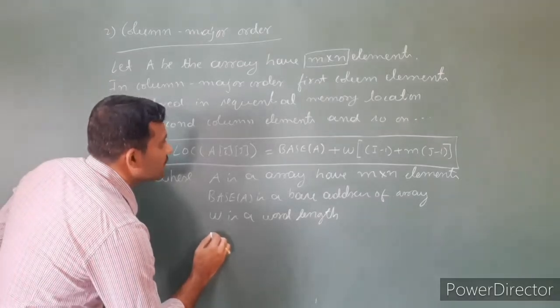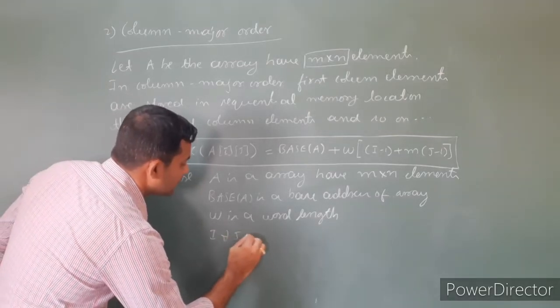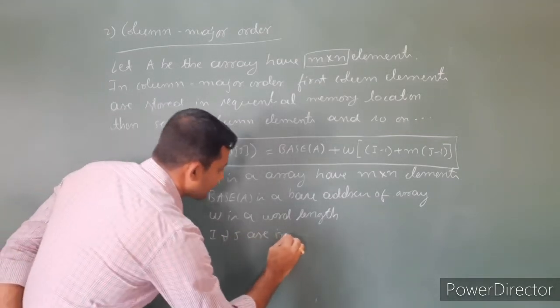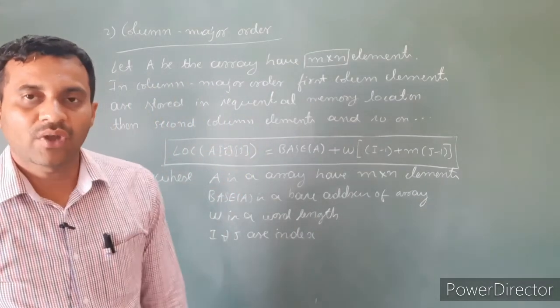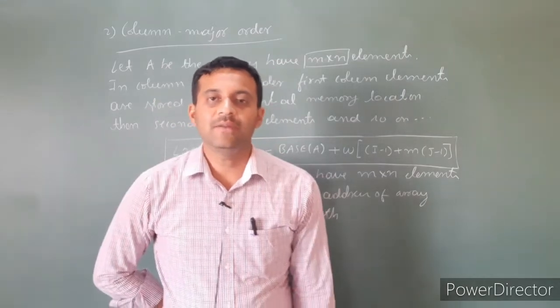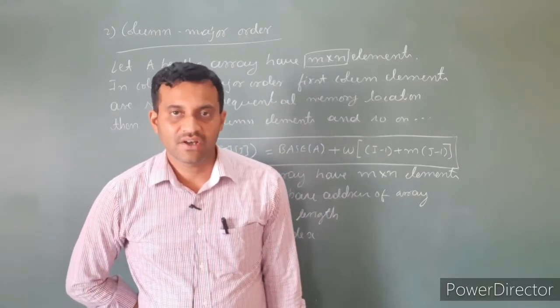Then I and J are indices. So this is the formula to access the address of an element in column major order.